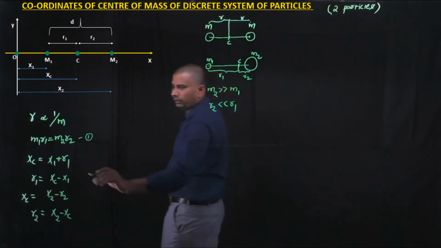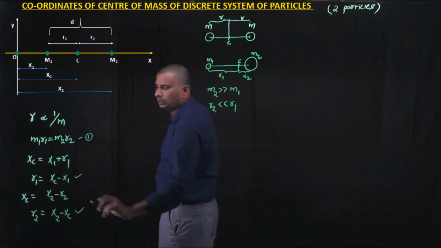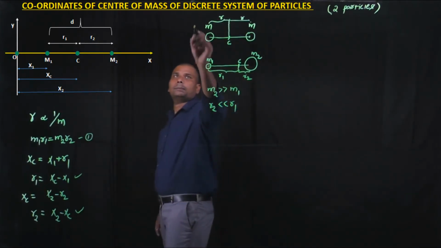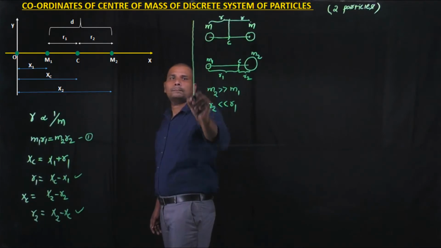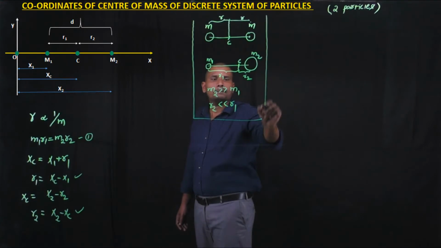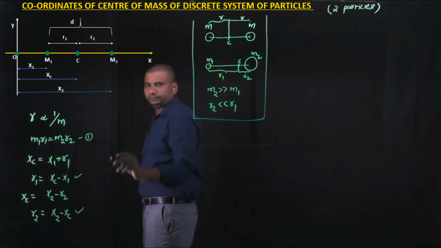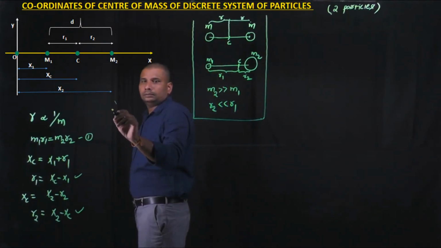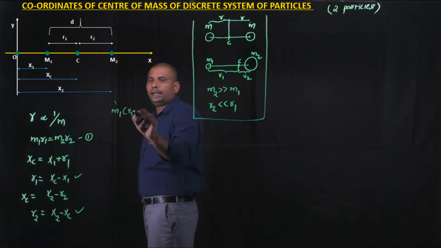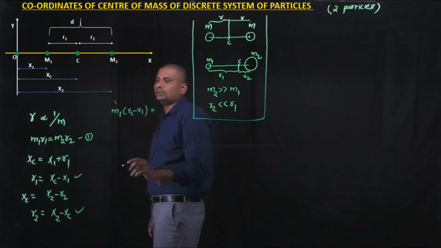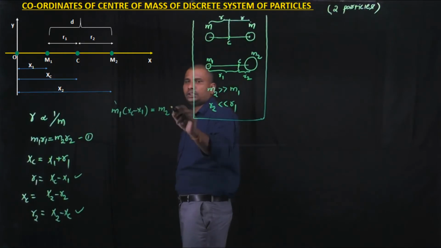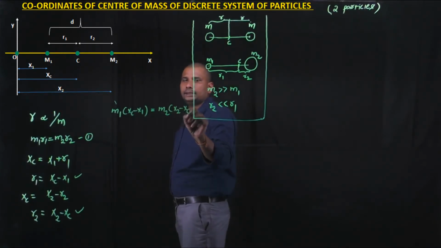Substitute the values of r1 and r2 in equation number 1. By substituting these values, we get m1 into (xc minus x1) is equal to m2 into (x2 minus xc).